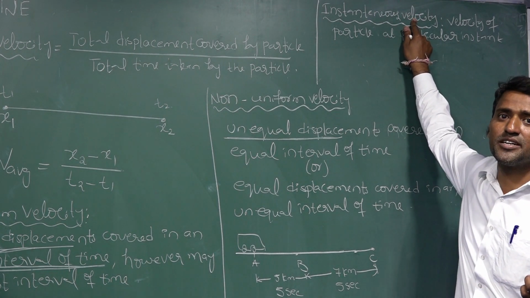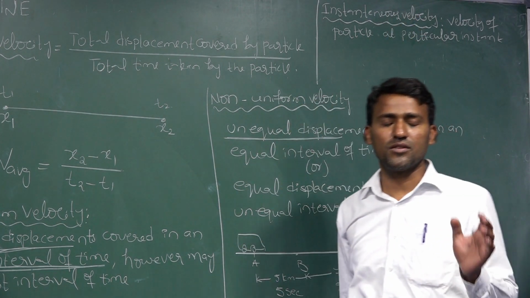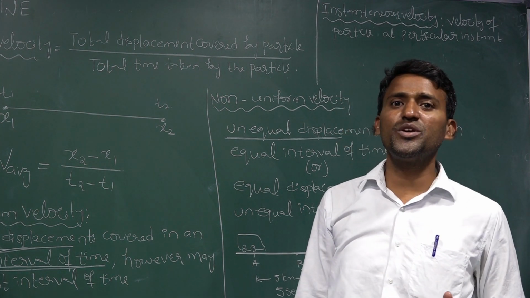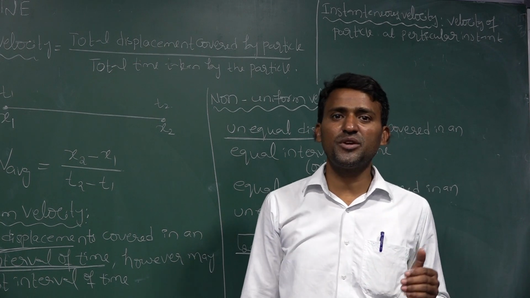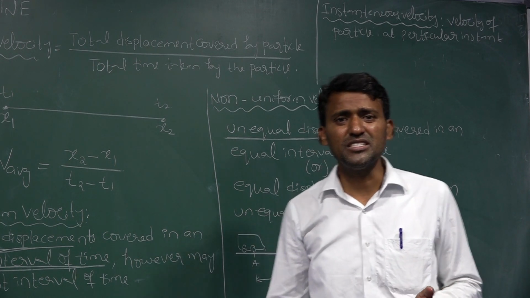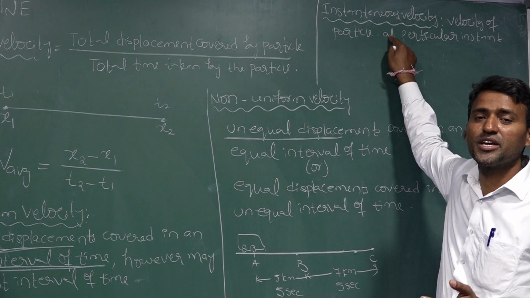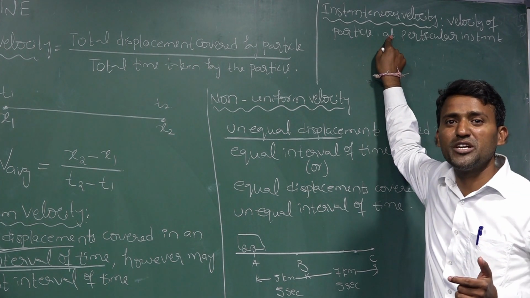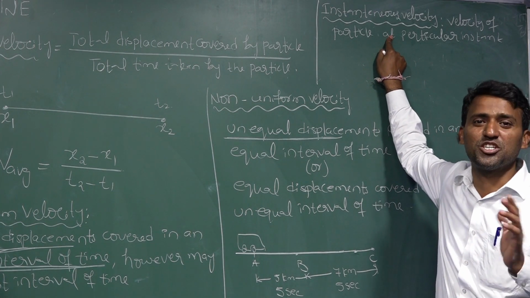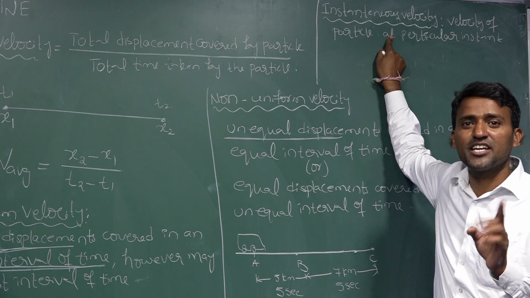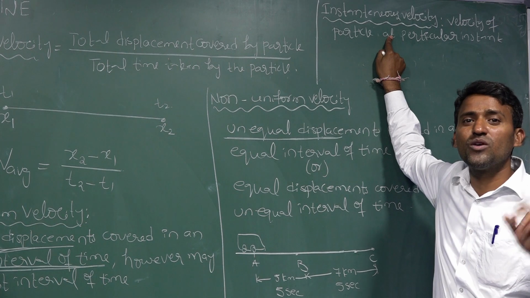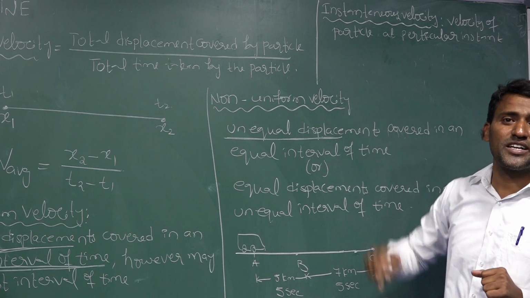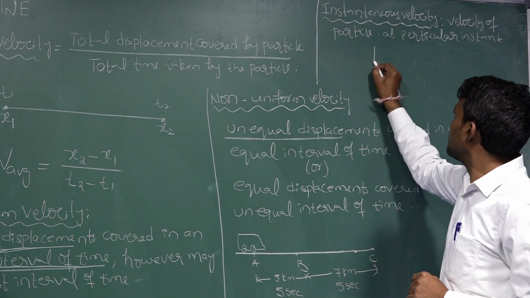Example, yesterday I already discussed instantaneous speed, how we can measure it by using the speedometer, isn't it? Same instantaneous velocity also you can measure by using the speedometer only, but we have to give the direction. Velocity means having direction, but speed does not have direction, because speed is a scalar quantity, velocity is a vector quantity.